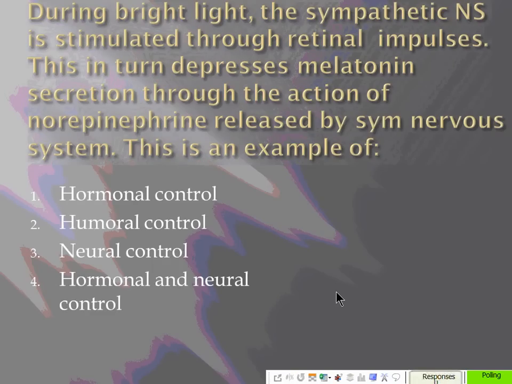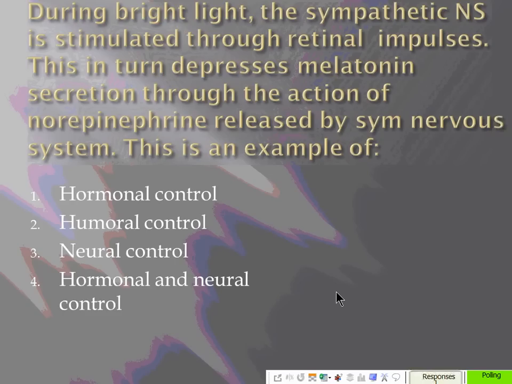Now look at this one. So read this. During bright light, the sympathetic nervous system is stimulated through retinal impulses. This in turn depresses melatonin secretion, melatonin is a hormone, through the action of norepinephrine released by the sympathetic system.